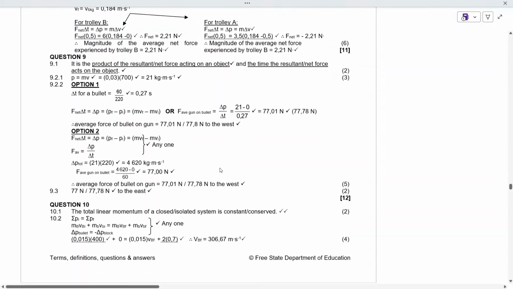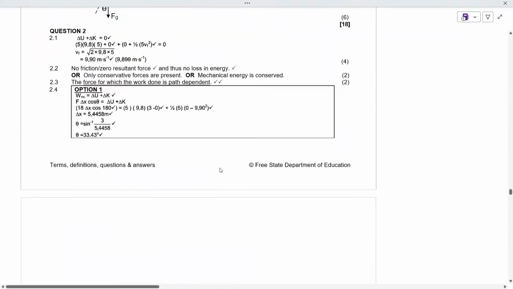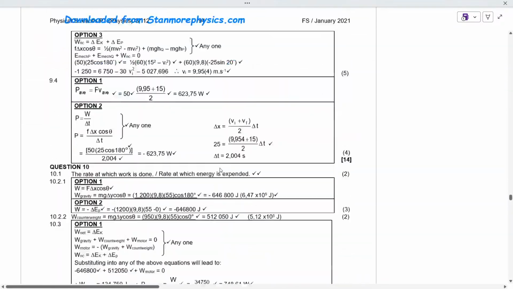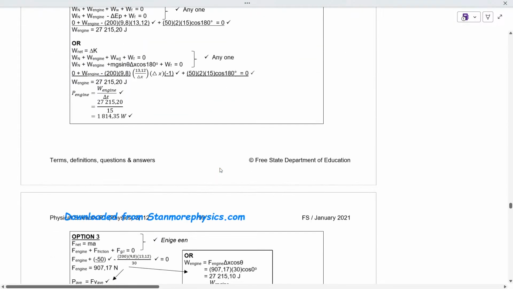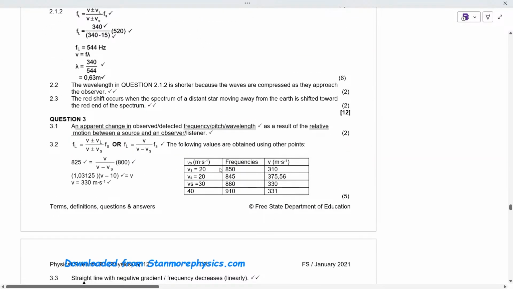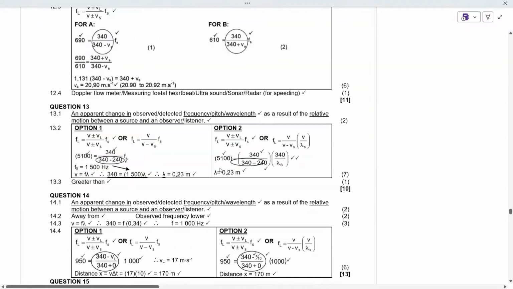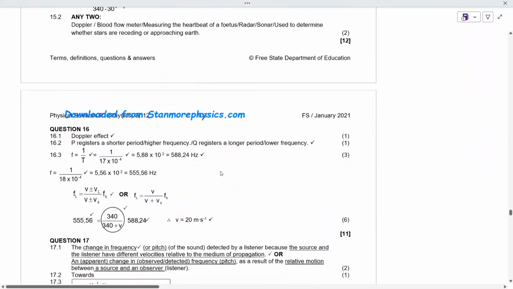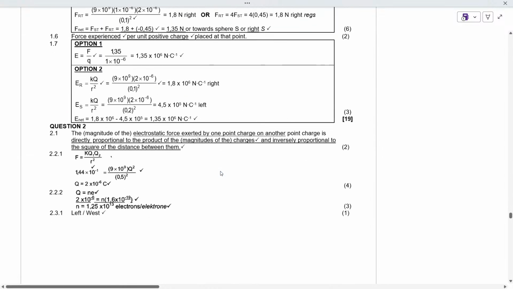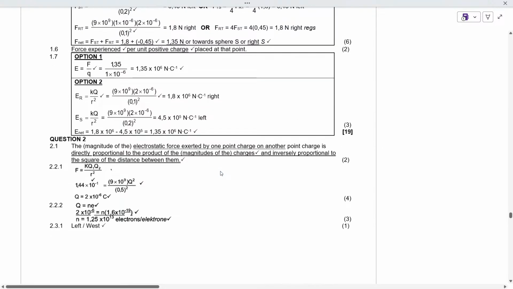Okay, this is linear momentum. I think it's after momentum. This is work again. Wavelength, presumably Doppler effect. And then there is question 1.